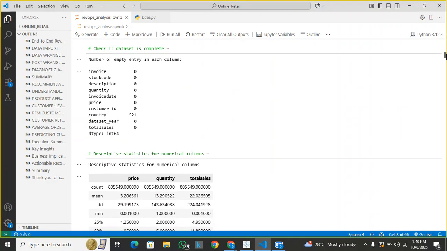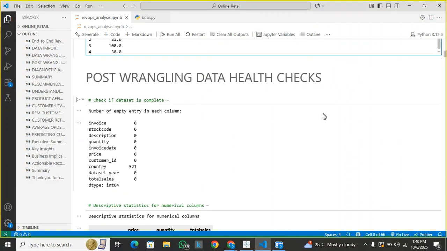After data cleaning, I carried out a post-cleaning data health check to check the integrity of the data itself. In this area, I checked for null values in each of the columns.